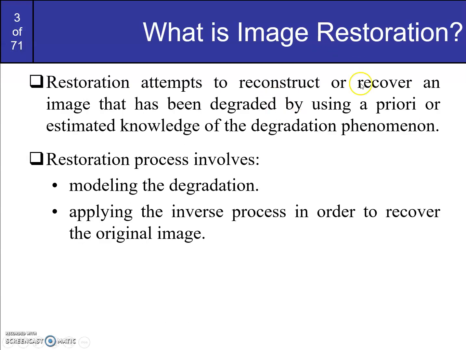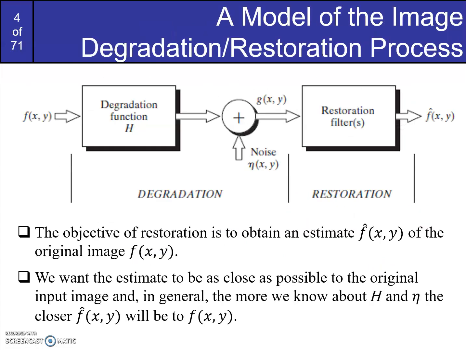And this is again the same thing which I told you, that restoration will attempt to reconstruct or recover the image that is degraded by using a priori or estimated knowledge of the degradation phenomenon. So in the restoration process, you are going to model the degradation and then apply the inverse process in order to recover the original image. So these are just the repeated things which I already said to you.